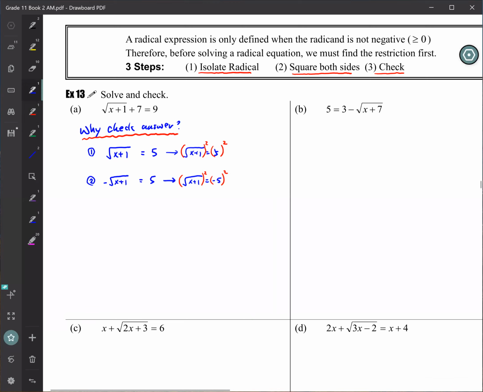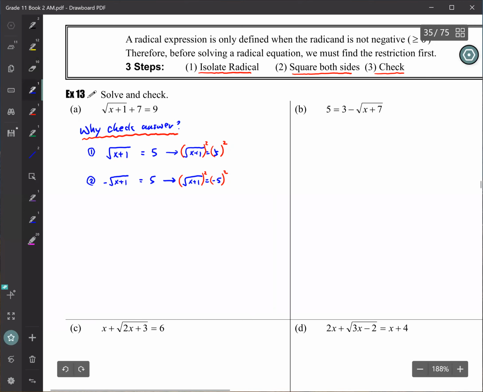Once I square both sides, on the left side there's no more square root, so it becomes x plus 1, and the right side becomes 25.